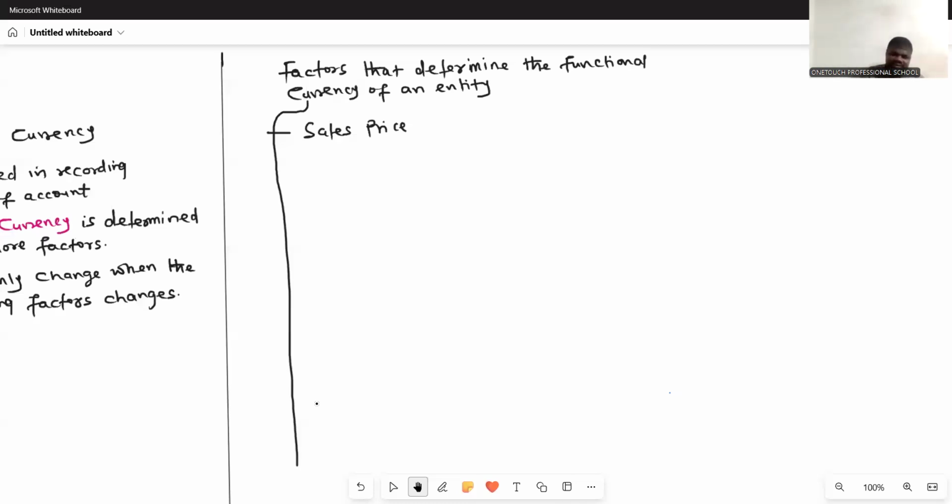Then we are talking of source of finance. Whenever the entity wants to raise finance, it is raised in which currency? We want to know. Then retained earnings or retained profits.